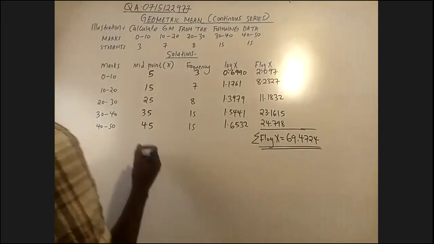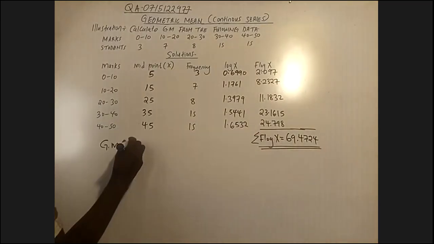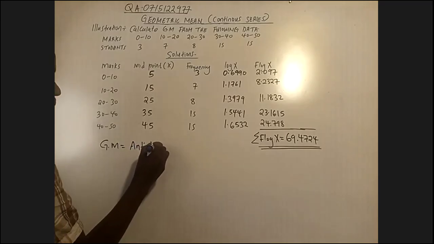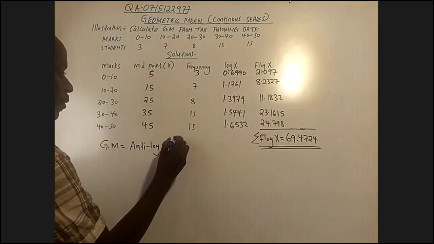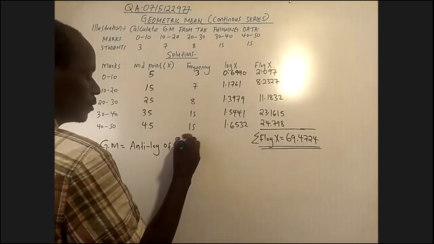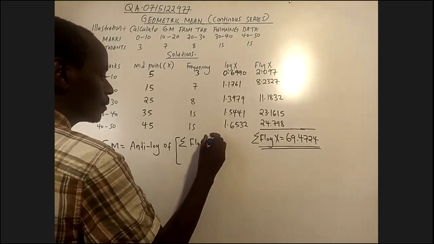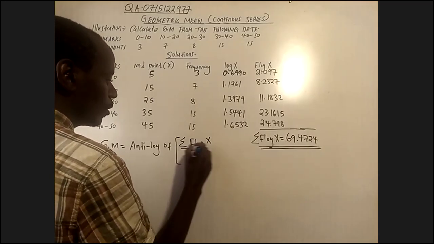Now we need to input our formula, that our GM is equal to the antilog of the summation of f log x over n.